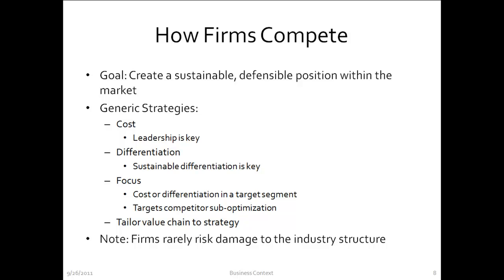So it's basically targeting a weakness within the businesses within a market segment, and deciding to focus on that.